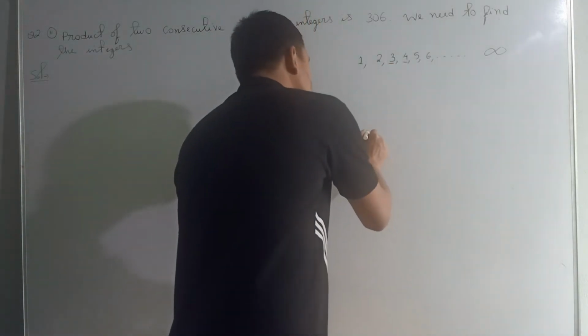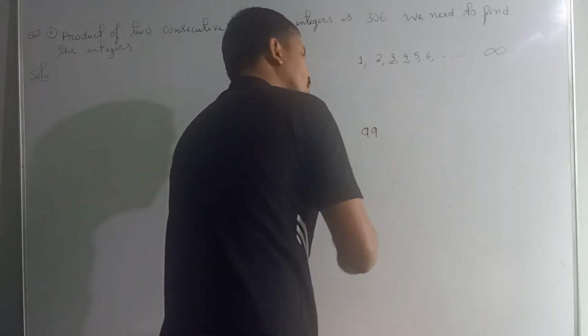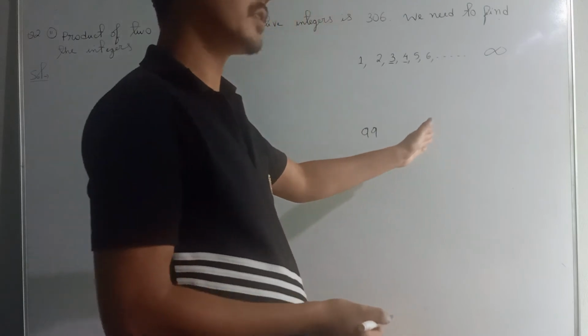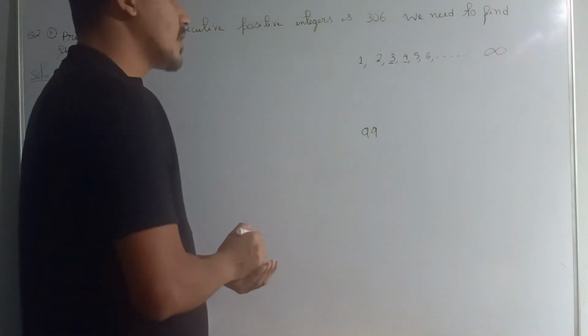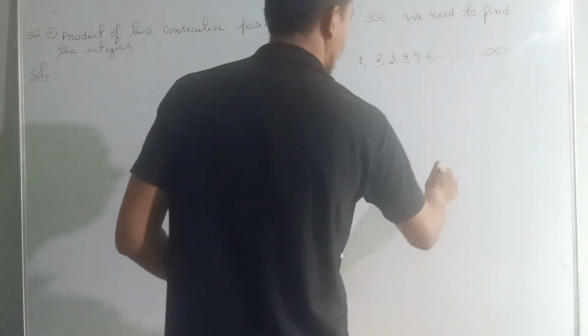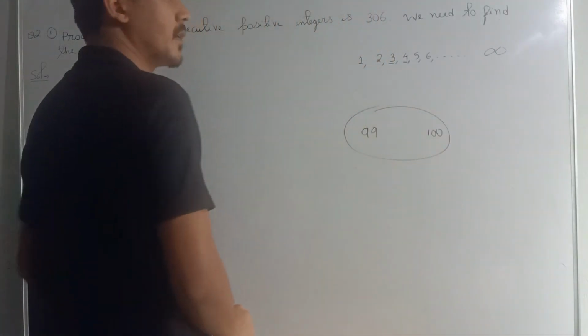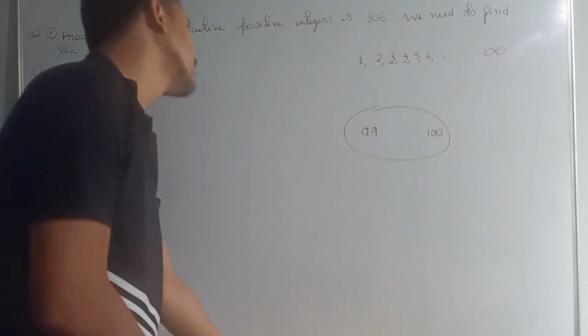If you choose 99 as your first positive integer, then the next is 99 plus 1, 100. So 99 and 100 are two consecutive positive integers.